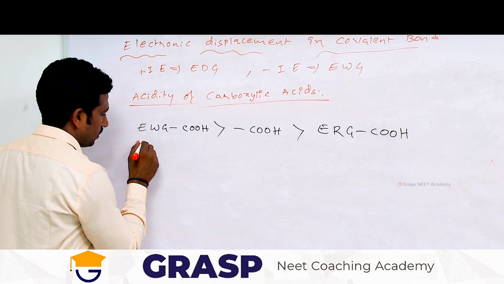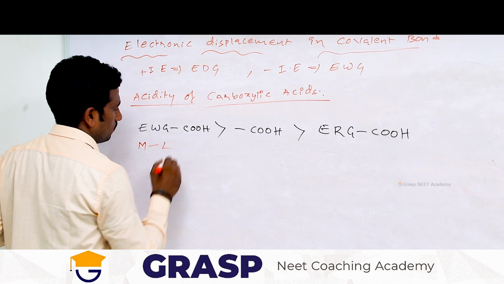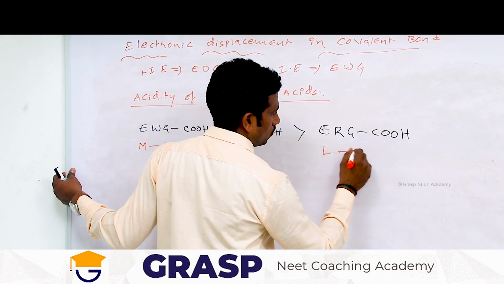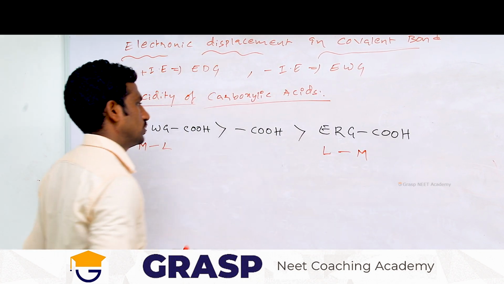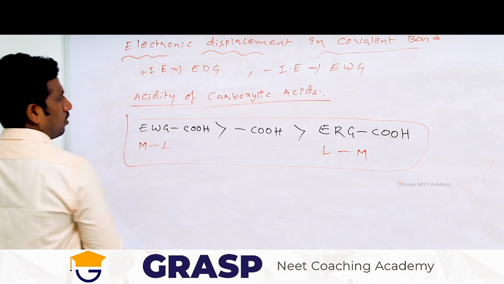More electron withdrawing groups attached means more acidic than less withdrawing groups. Similarly, arrange from less electron releasing to more electron releasing groups. The same order applies here, like alcohols.